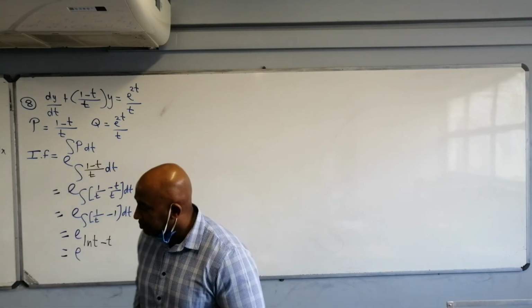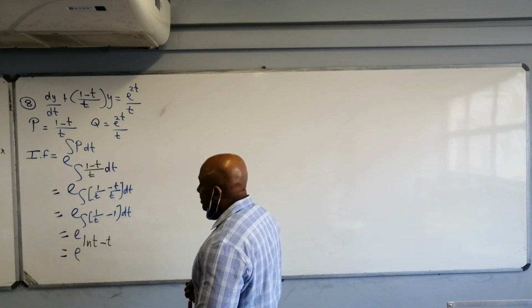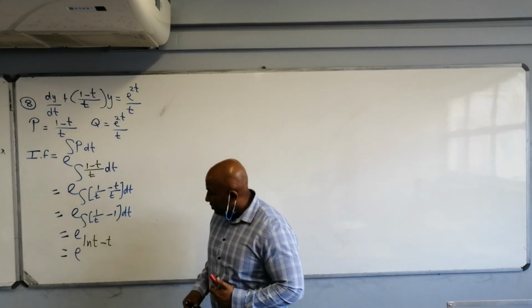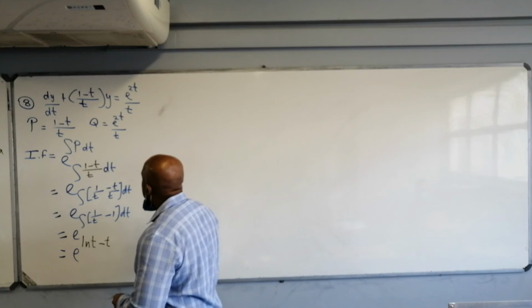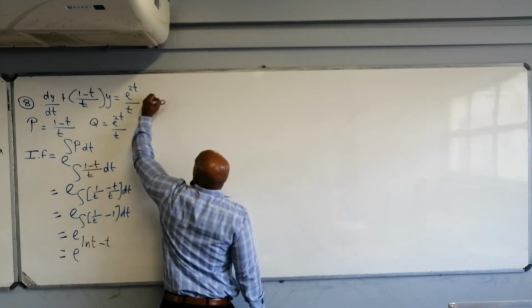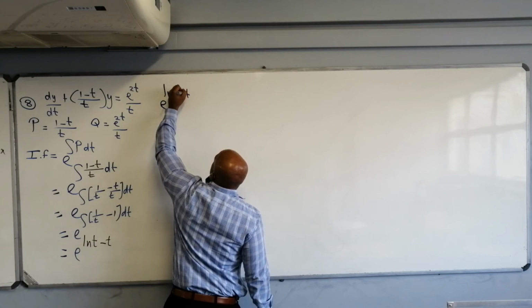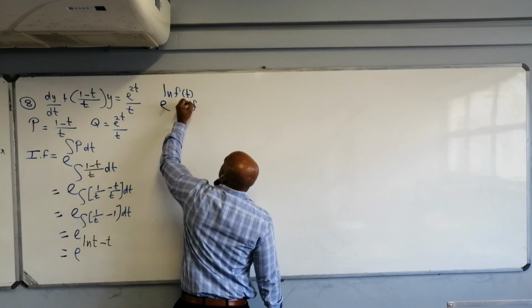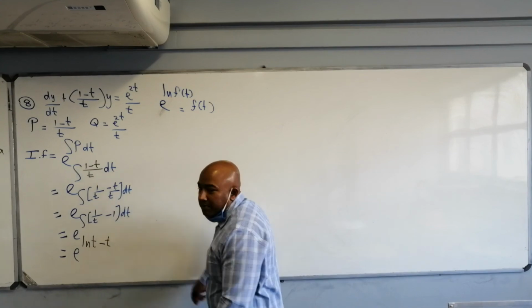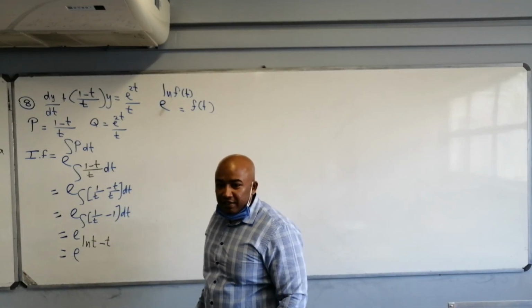Now, so now you know that when you have this, remember, e to the power ln of f of t is equal to f of t, or e to the power ln f of x is f of x, same thing.